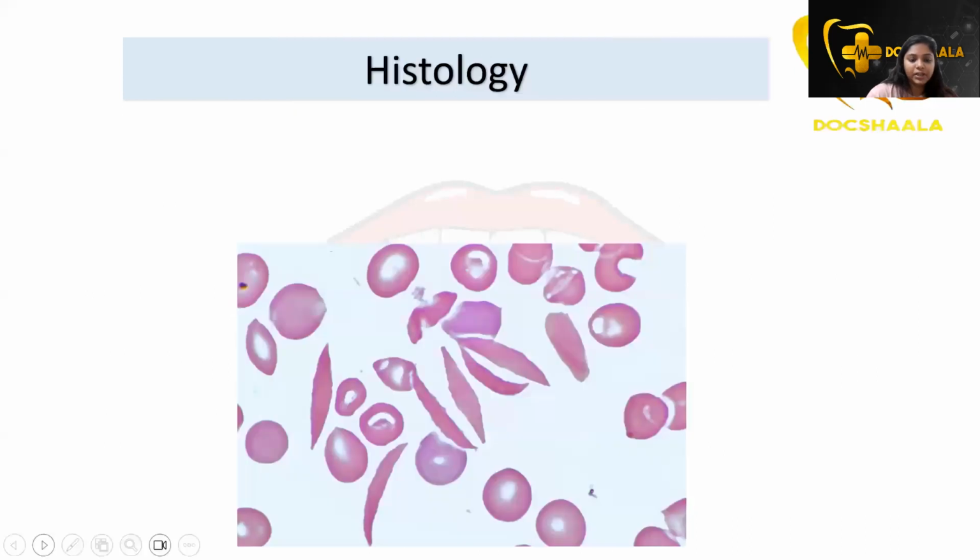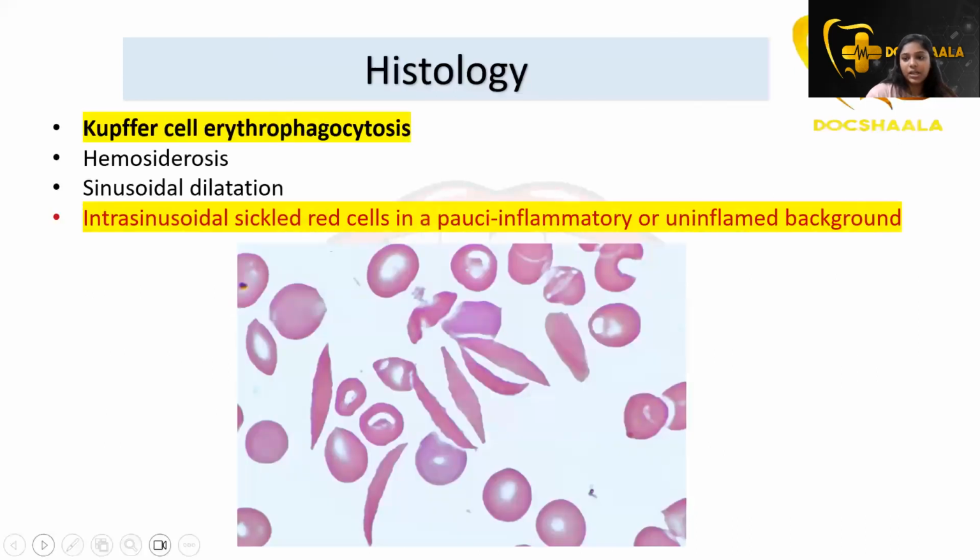Then coming to the histopathology, which is the main important thing that we have to discuss in this video. Kupffer cell erythrophagocytosis is seen in sickle cell anemia. Hemosiderosis is present. Sinusoidal dilatation can be appreciated, and intrasinusoidal sickle red cells in a quasi-inflammatory or uninflamed background is seen.